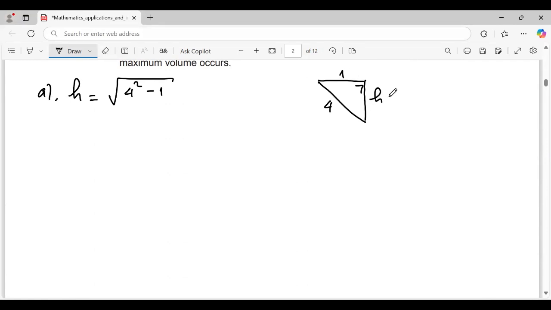That means h equals the square root of 4 squared minus 1 squared. It is 16 minus 1, root 15.